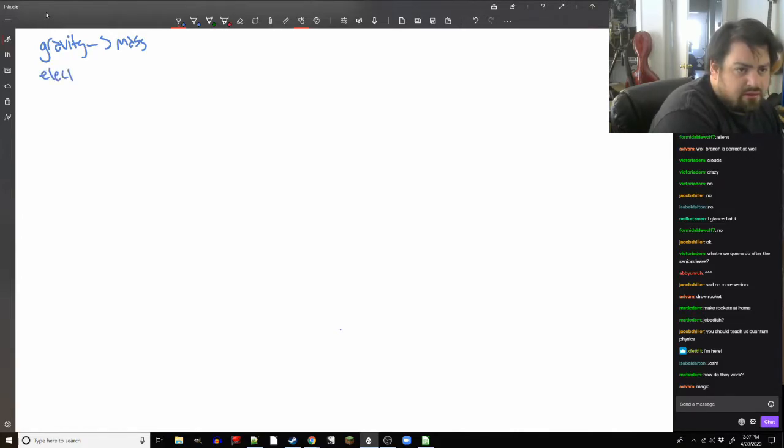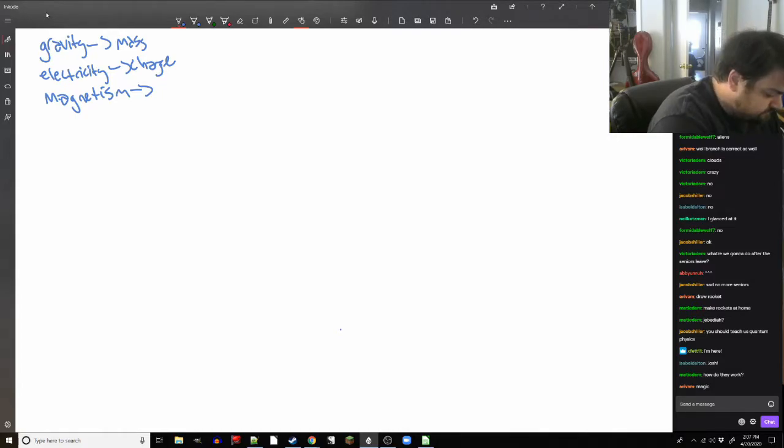Electricity was due to charge. And now we have magnetism, which, the definition of magnetism is actually pretty weird, but it's really due to moving charge.